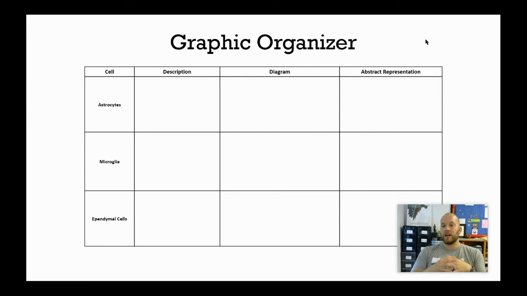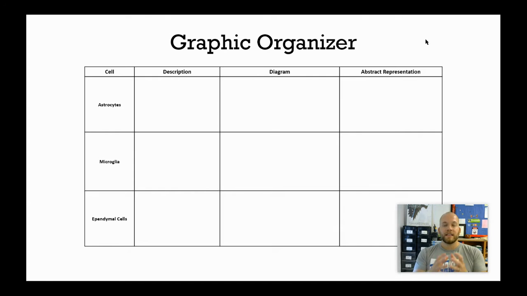Man, I love graphic organizers, and you're going to love them too, I promise, eventually. Graphic organizers are going to look like this more often than not. I'm going to give you a cell, a process, a step in a thing, an anatomical region, an organ system.